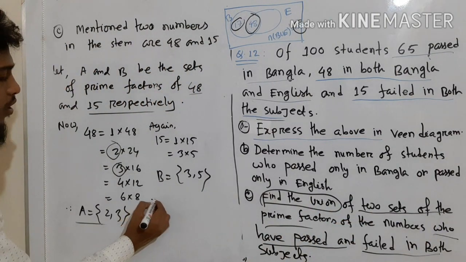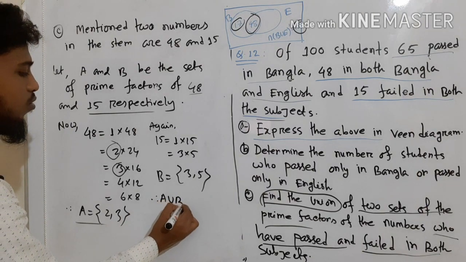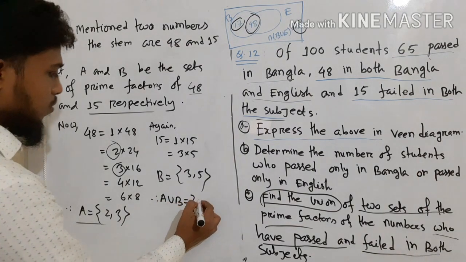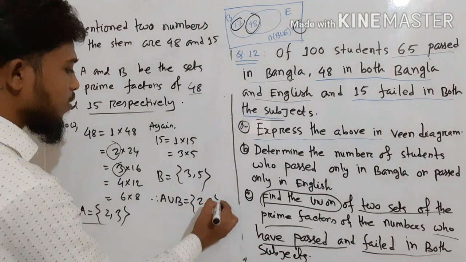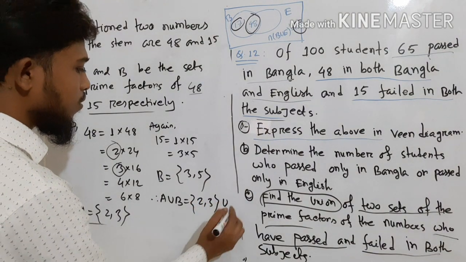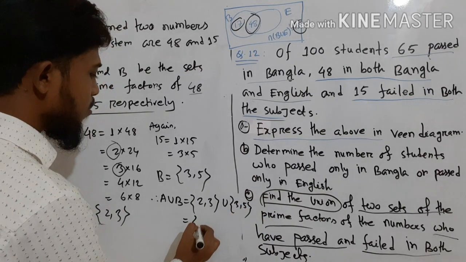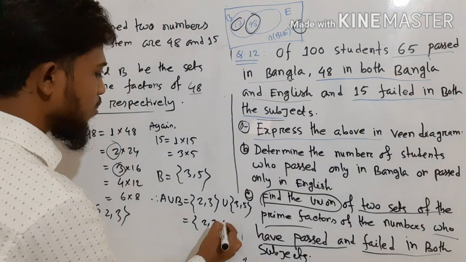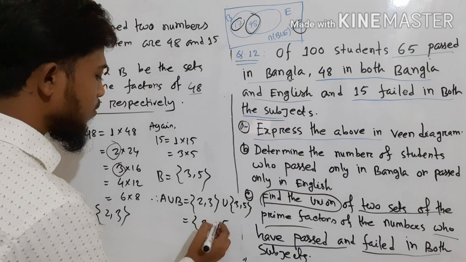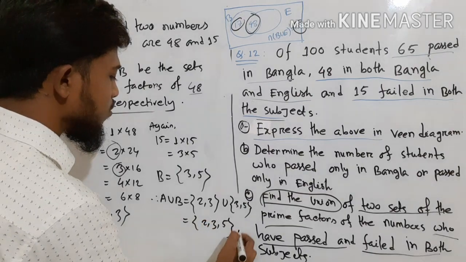So A union B equal to 2, 3 union 3, 5. So this equal to 2, 3, 5. This is our answer.